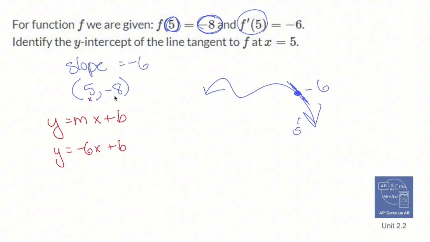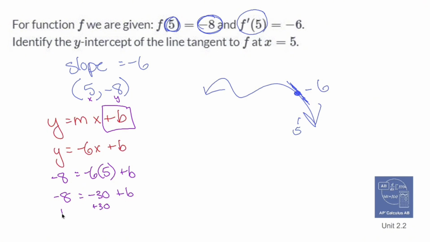So if I call you x and I call you y, I could substitute for y, negative 8, and I could substitute for x, 5, and do a little bit of math. So plus b is going to give me my y-intercept. So this is negative 8 equals negative 30 plus b, add 30, and b is going to be the Taylor Swift special, 22.